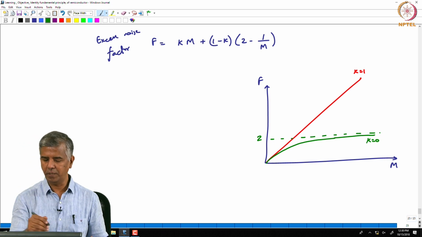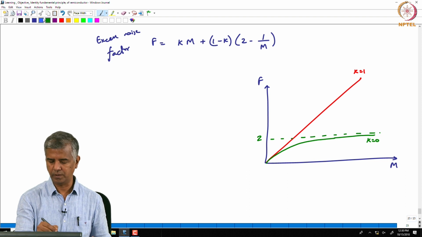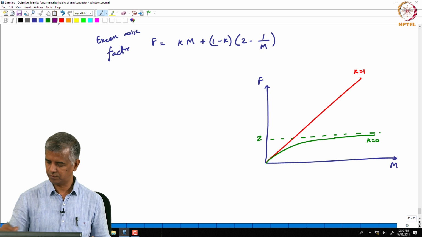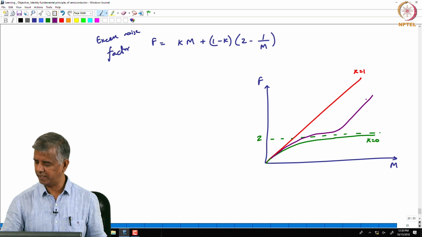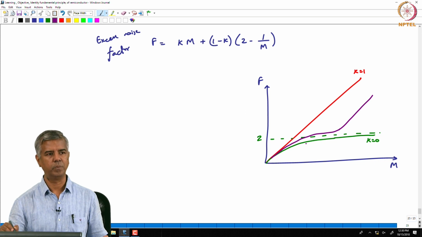And in between, if we look at silicon, it will be something like, I am sorry, I do not think I am following the same colors as the other graph, but for silicon it will be something like this. At low values of m, the second factor dominates.